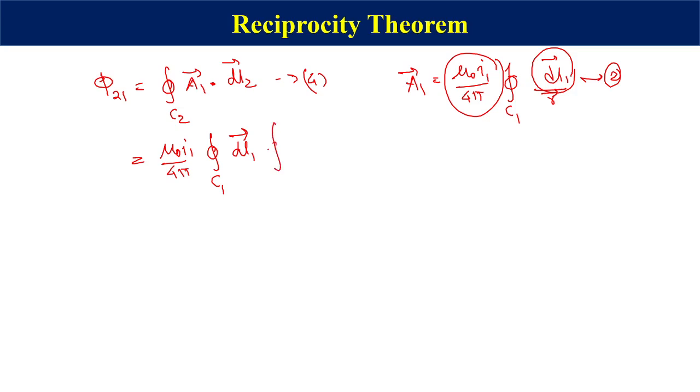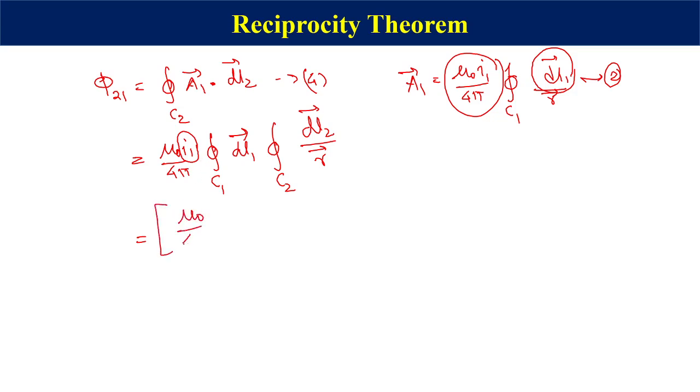Then comes the closed integral over C2. You have got a dl2 here, so I am going to write it as dl2 by r vector. This is quite simple. I will keep I1 as it is, and except I1, everything I will write in a bracket.